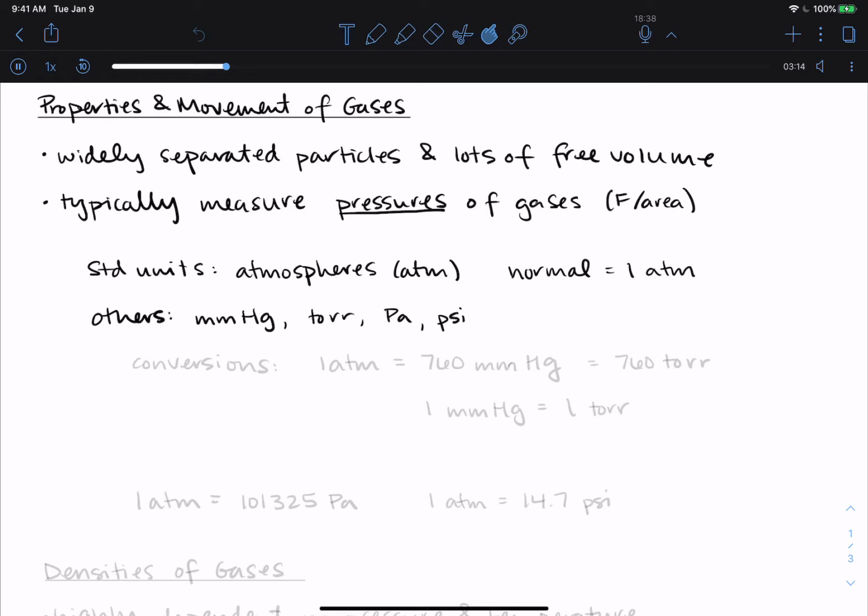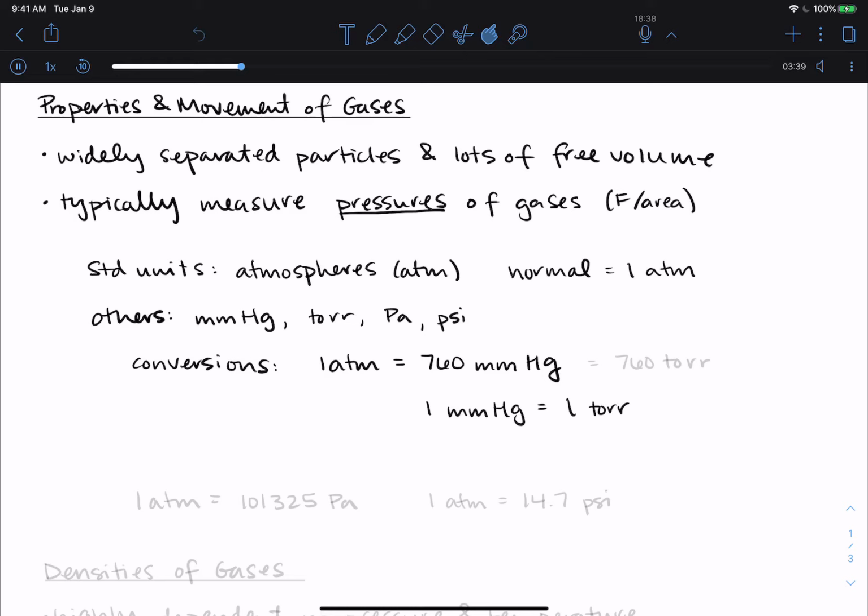Some conversions that you will need. 1 atmosphere is equal to 760 millimeters of mercury, and 1 millimeter of mercury is equal to 1 torr.